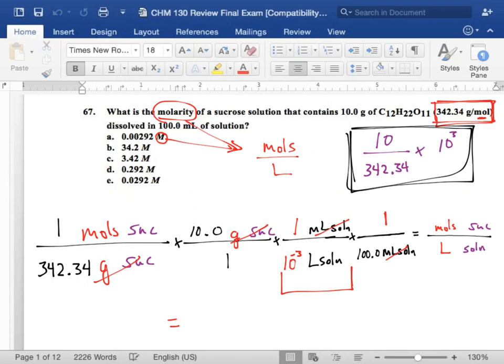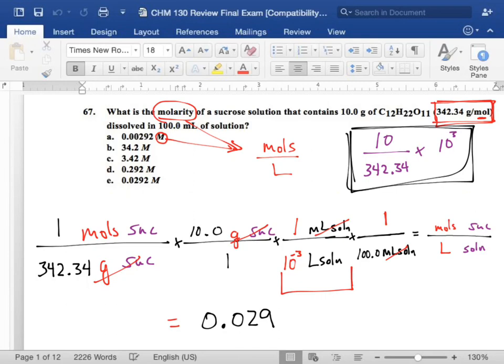What'd you get? 0.0292. Isn't that what you got? Didn't look like you did the power of 10 shift. 0.292. I got those. This should be closer, I think. Maybe. Maybe I'm doing my math wrong.